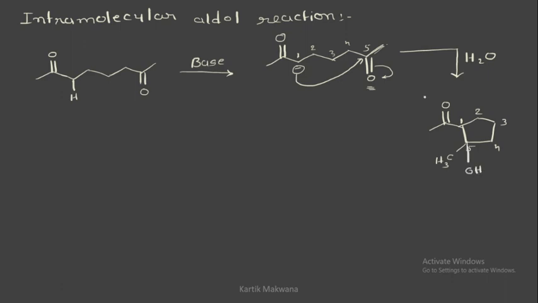Right. So here the pi bond will break. Here the oxygen ion will be generated, which is protonated after reaction with H2O. So here the hydroxyl group will be generated. Now this hydrogen and the OH group will be removed as H2O, right? As a water molecule via the E1CB reaction, right? So we will get the product like this.